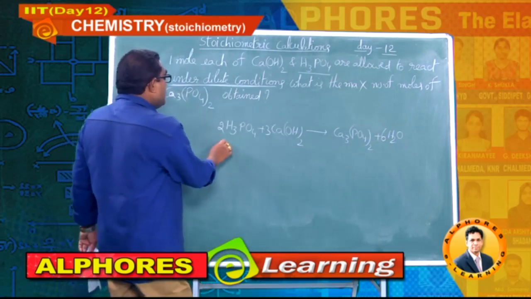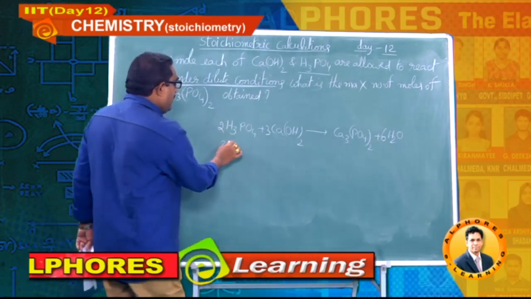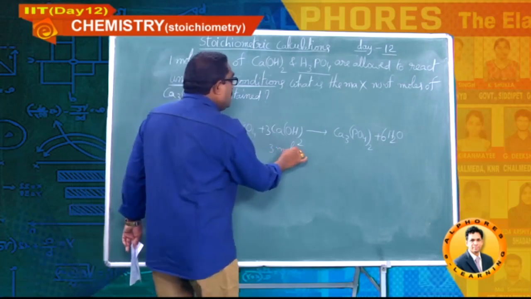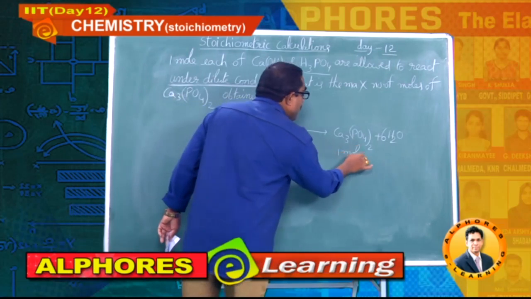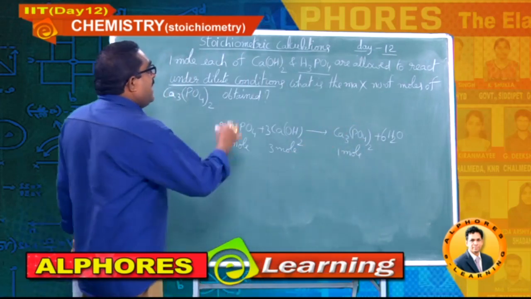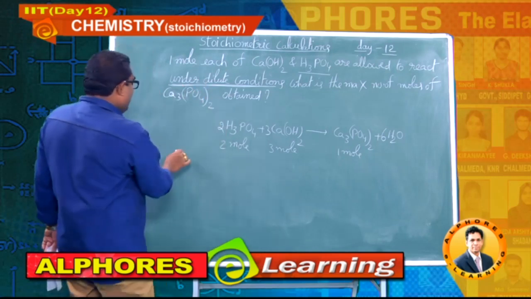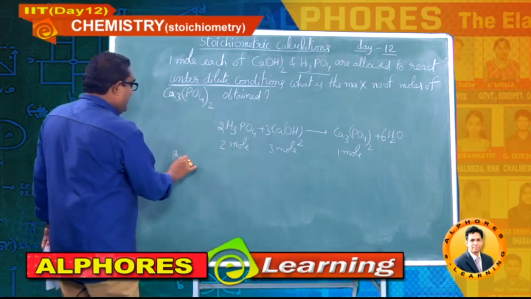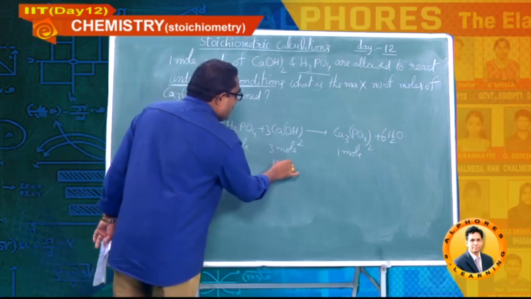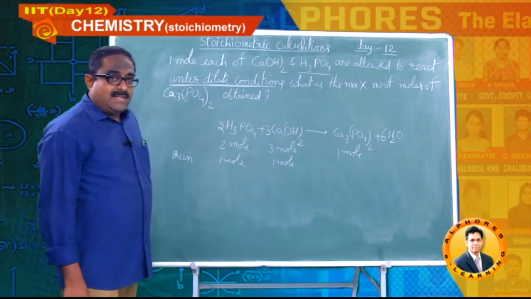Now based on the stoichiometric balanced chemical equation, I can write 2 moles combines with 3 moles and forms only 1 mole. Okay, students. Now let me write the given moles first of all. Given moles are 1 mole each. Students, you please concentrate.